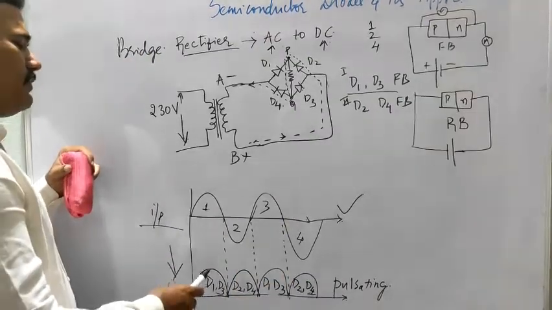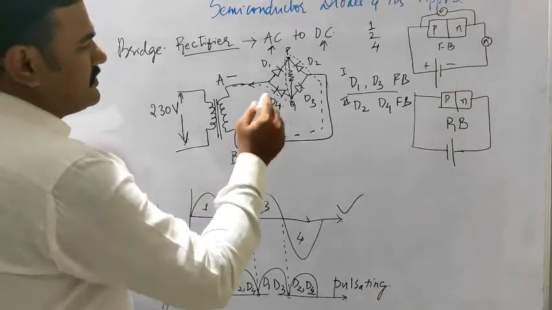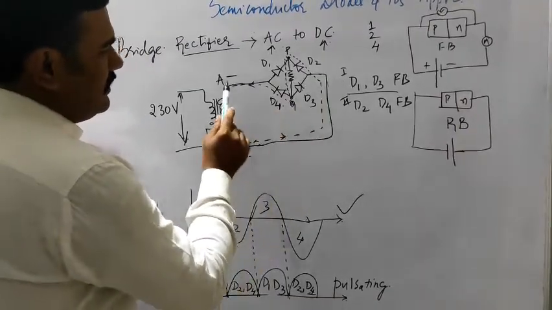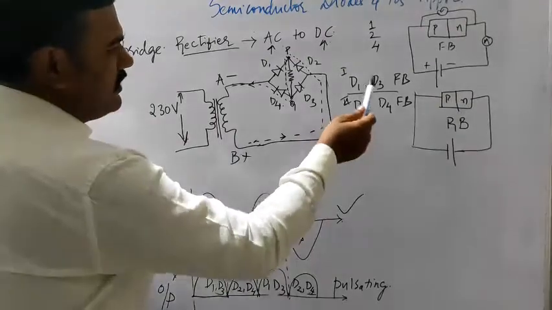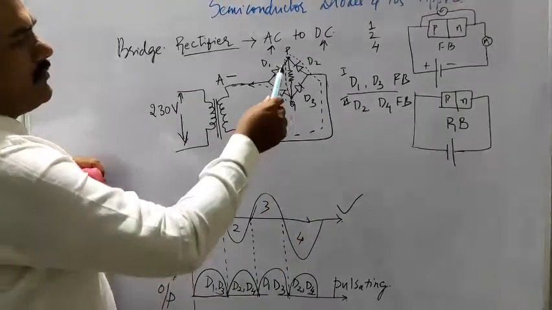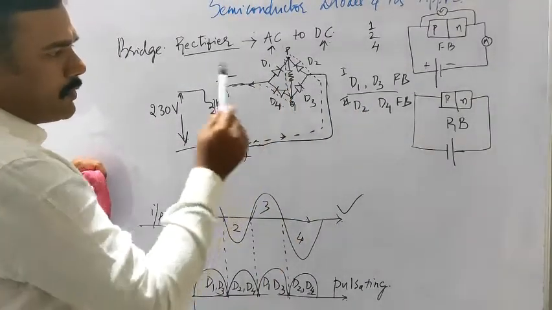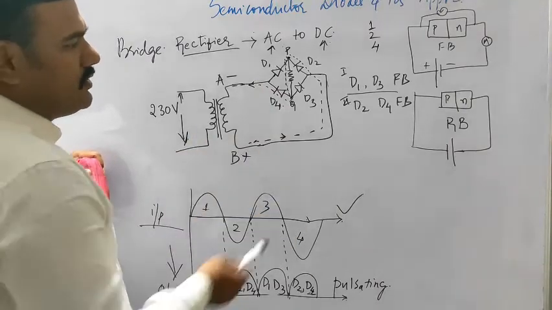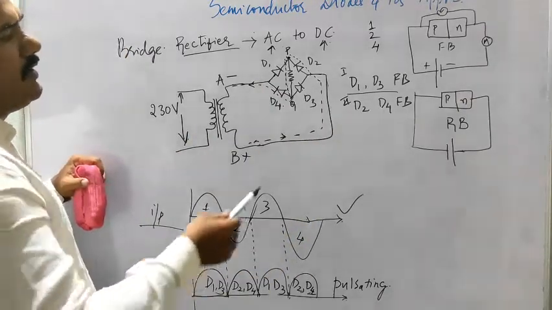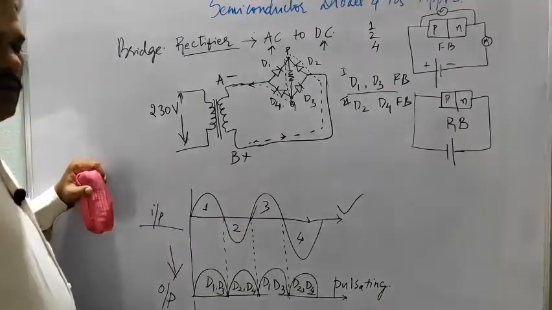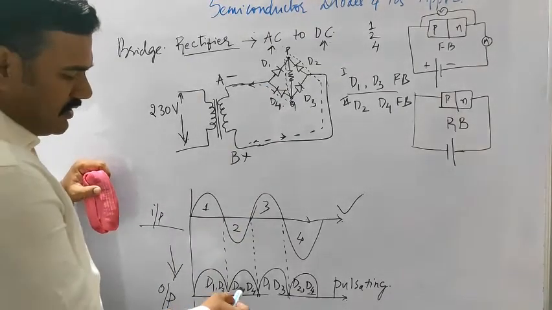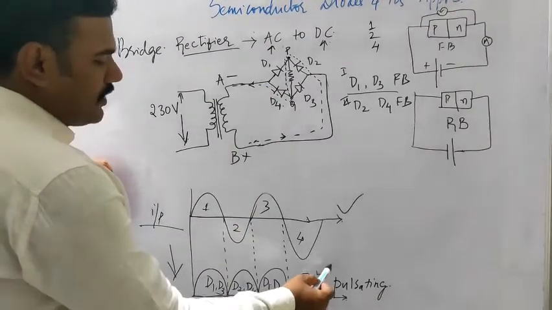Here also, in the first case when A was positive and D1 and D3 are conducting, the current flow direction is from P to Q, top to bottom. In the second case also, when D2 and D4 are conducting, the current flow direction is again from top to bottom. Therefore, all the half cycles appear as positive half cycles.